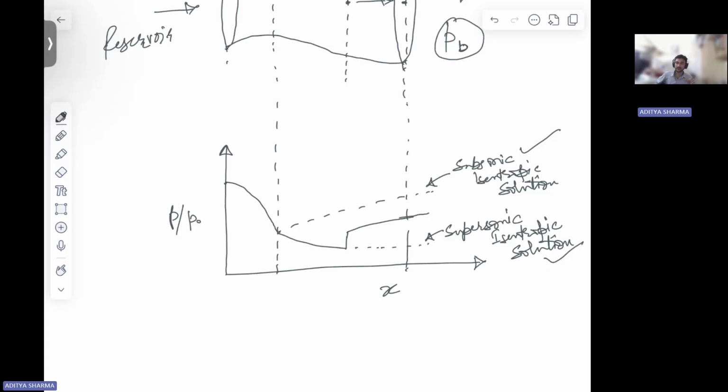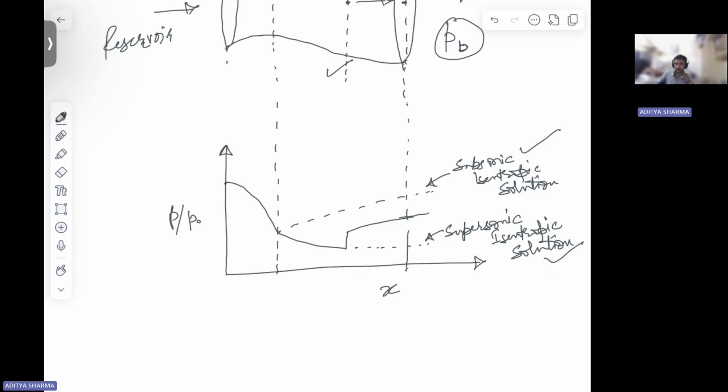While it is in the divergent section, your flow is continuously expanding and your pressure is going down.